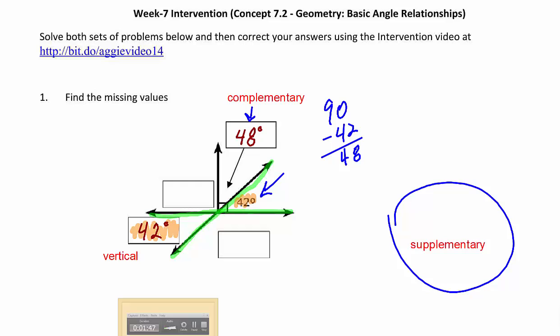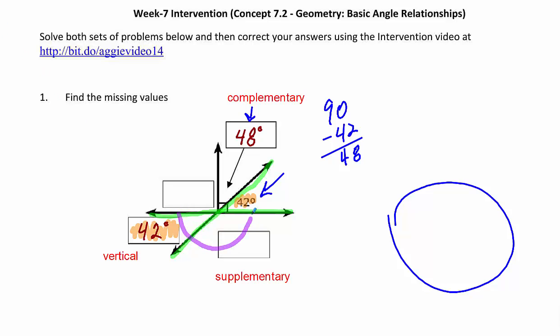The next one that we'll use is supplementary. And what supplementary tells us is that on a line like this line, the measure of all of this will be 180 degrees.